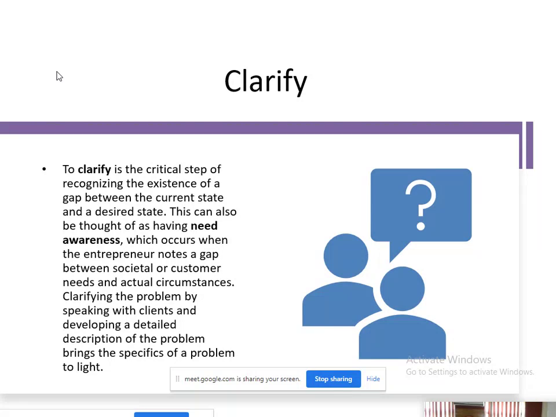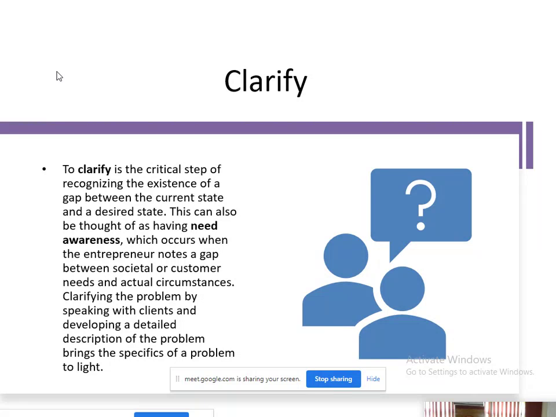so this is the clarify. Clarify means, as I already told you, the innovating members or the innovation team must have awareness about all the topics related to your innovation. Why you are doing the innovation, why it is important, what my problem statement is, how I have to approach it.